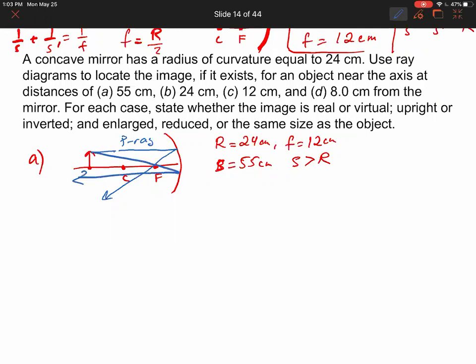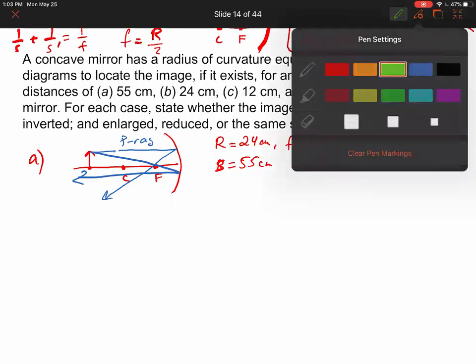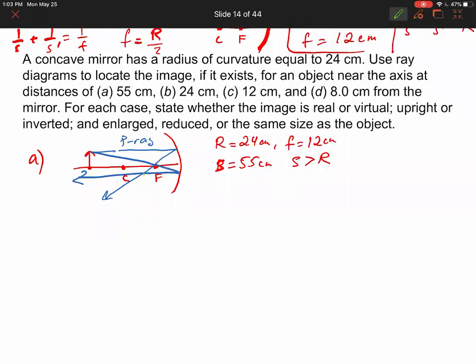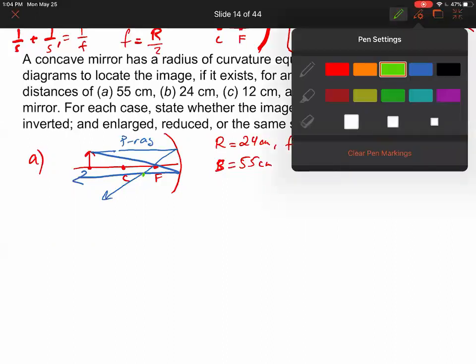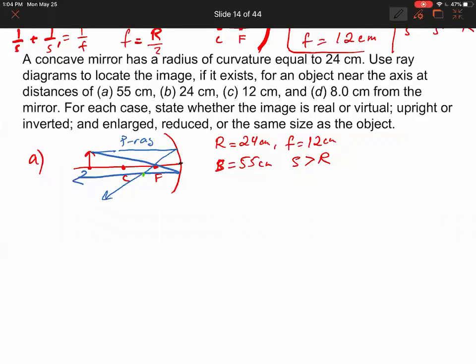Alright, and you can already see I have 2 rays converging at that point, but I can use another ray to verify that. This third one can be either the one that goes through the center of the curvature, if it's possible, or the one that goes through the vertex. Either one is fine. Let me show you the one that goes through the vertex. It goes like this through the vertex and reflects back like that.